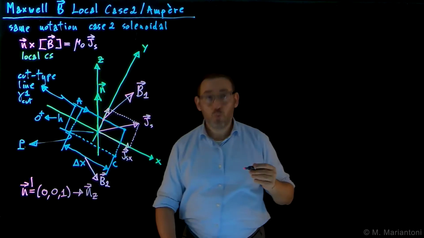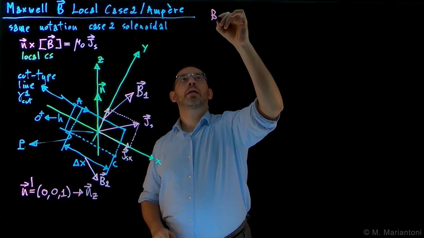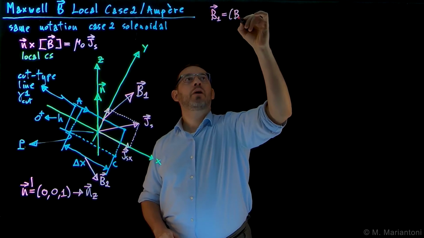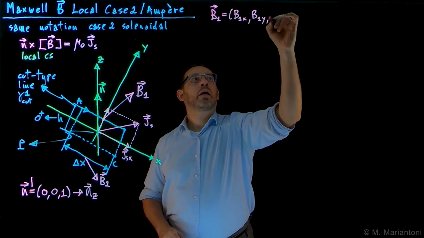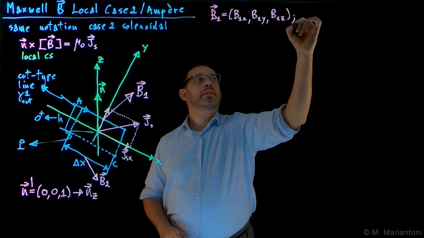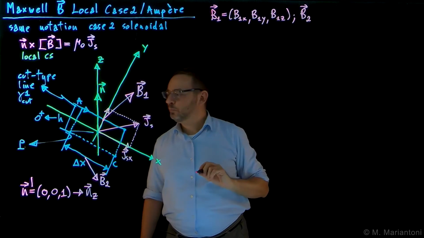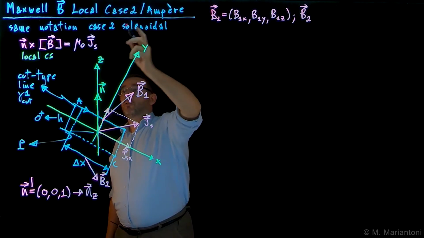So similarly, what about the B1 vector? Well, the B1 vector will be B1x, B1y, and B1z. And similarly, of course, for B2, I'm not going to do that. Same thing, just exchange 1 with 2.